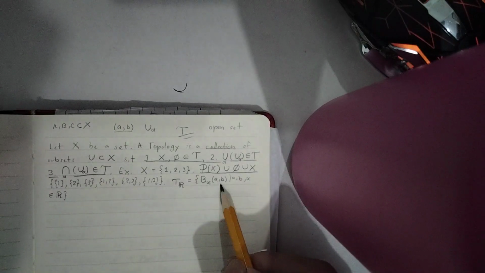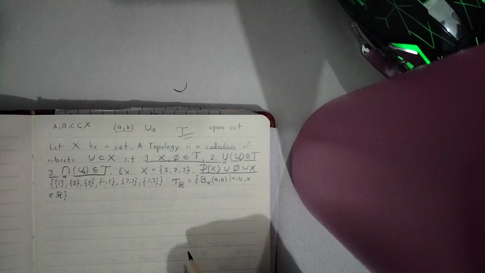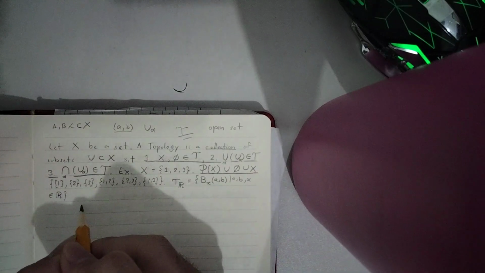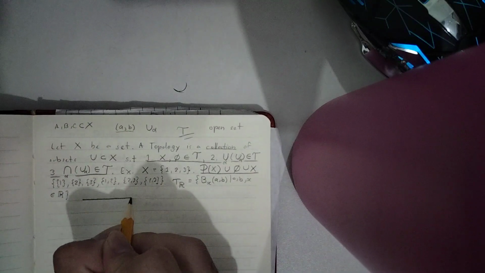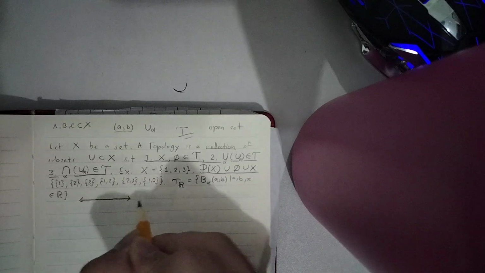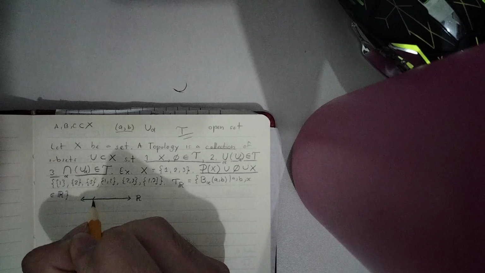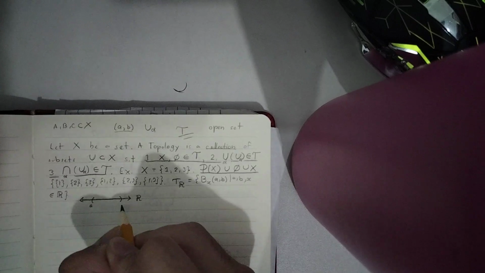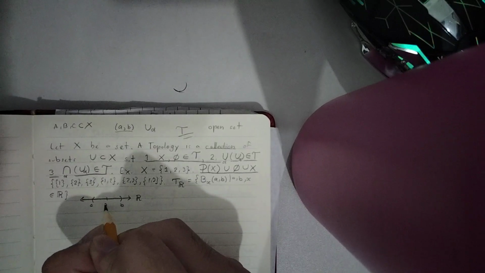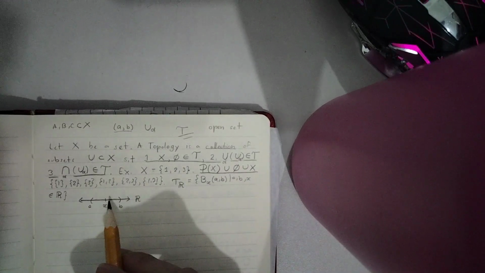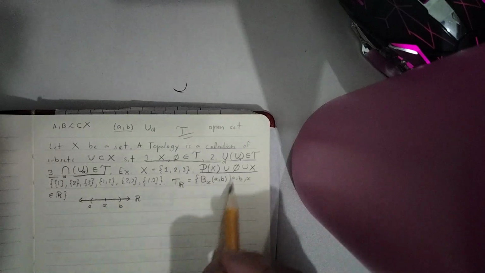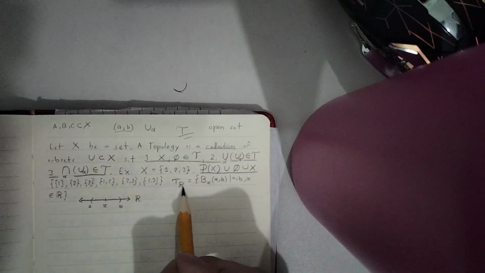What I mean by open ball is that it's just an interval. If I draw the real line over here, an open ball would look something like this. This is A, B, and the center is at X. So all possible open intervals or open balls in R generate a topology called the standard topology in R.